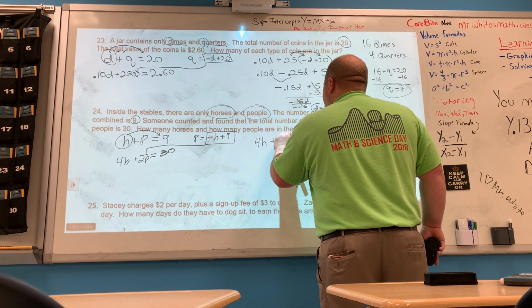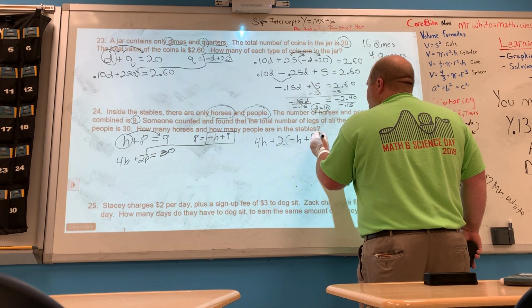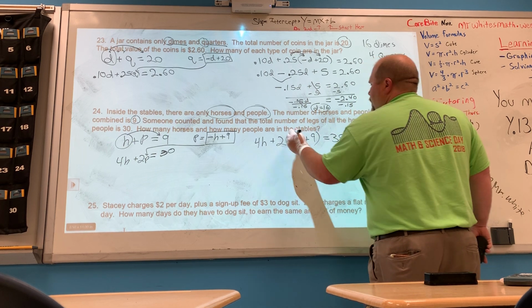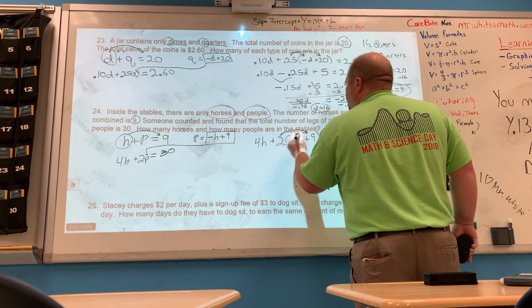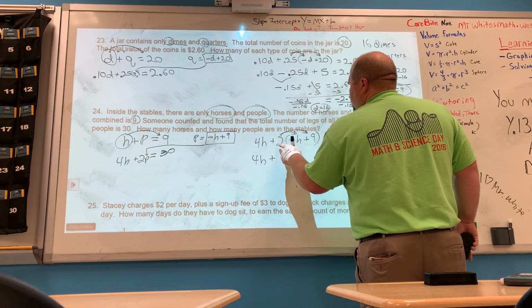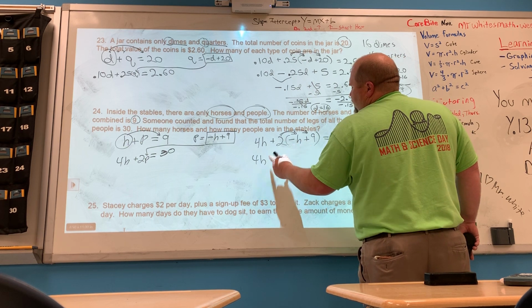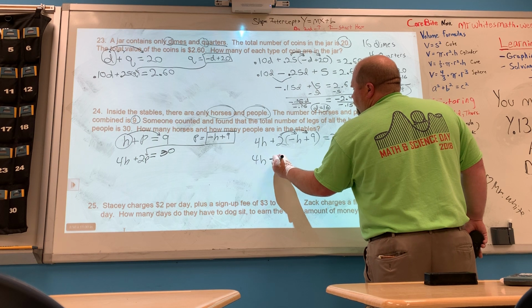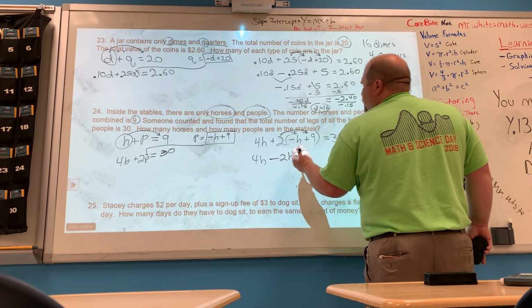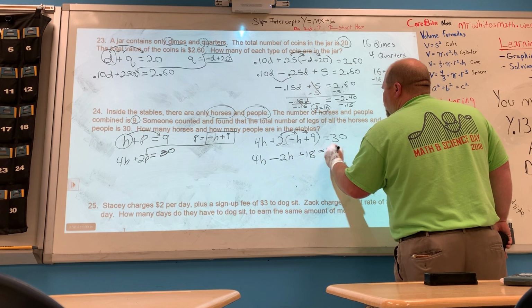4H plus 2 times negative H plus 9 equals 30. So we distribute here. 4H plus, actually we're going to have 2 times a negative, so it would be plus a negative, but I would rather just write it as minus 2H, plus 18 equals 30.